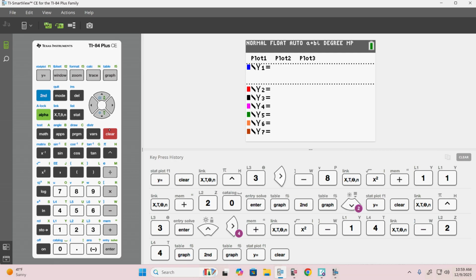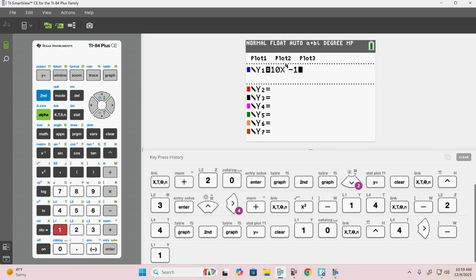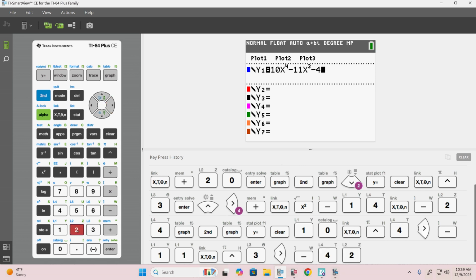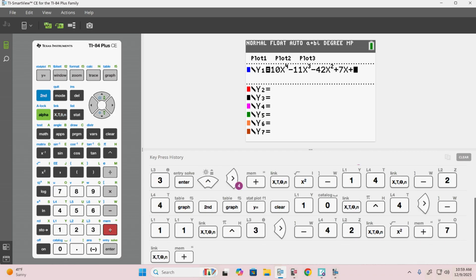I would definitely make sure you're graphing this one: 10x to the fourth minus 11x to the third minus 42x squared plus 7x plus 12. We're able to graph it. So y equals, and x is the button right next to alpha.